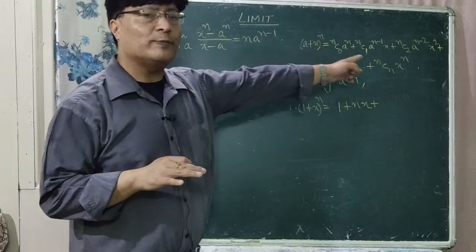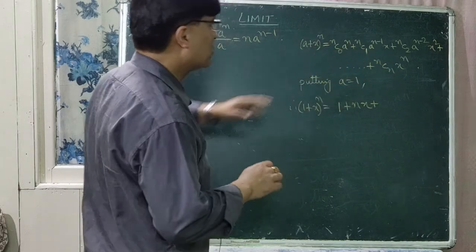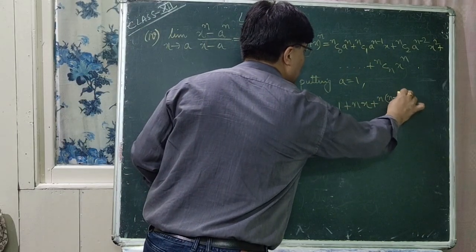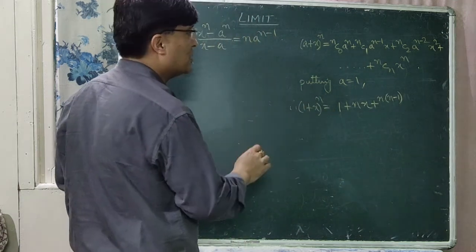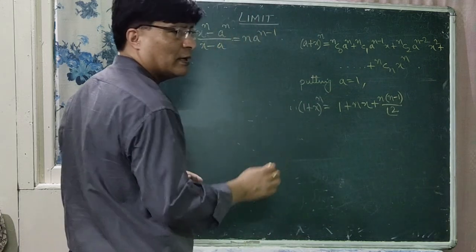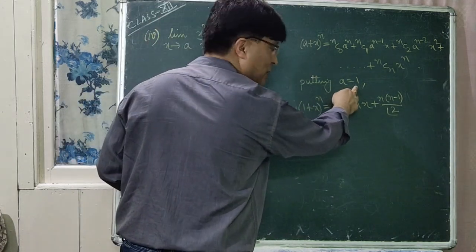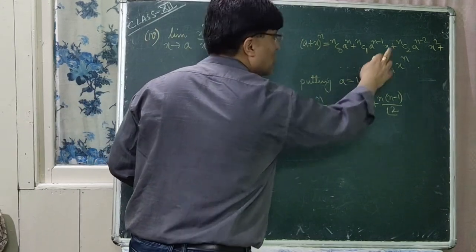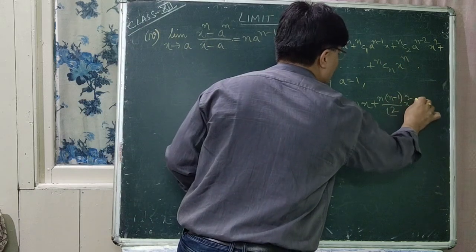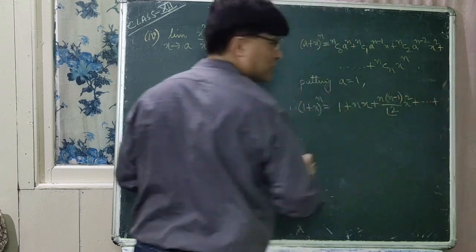Starting from n there should be two factors: n and n minus 1, divided by factorial 2. And since a is 1, 1 to the power n minus 2 is always 1, so it is x square, plus dot dot dot plus.